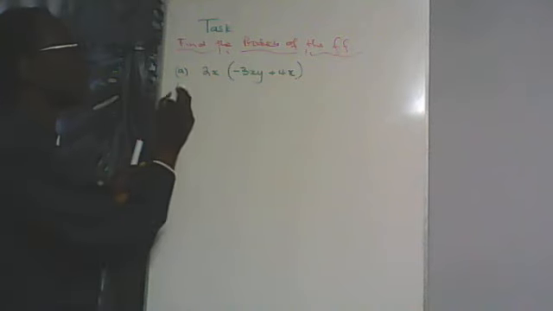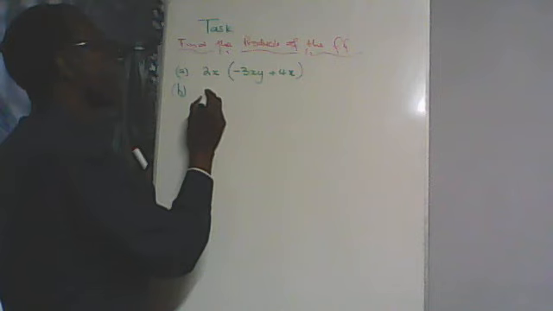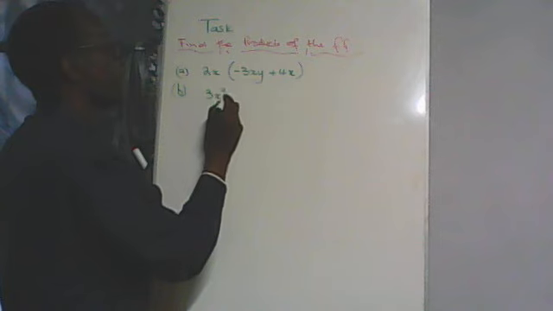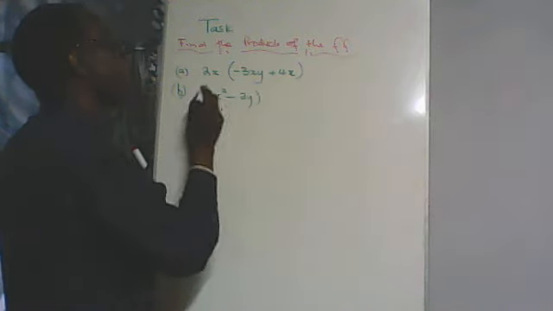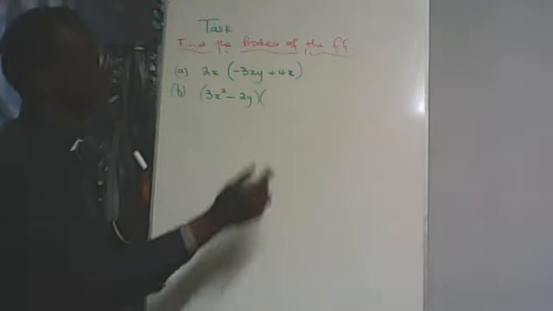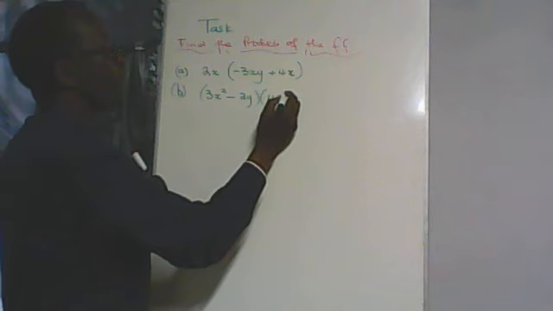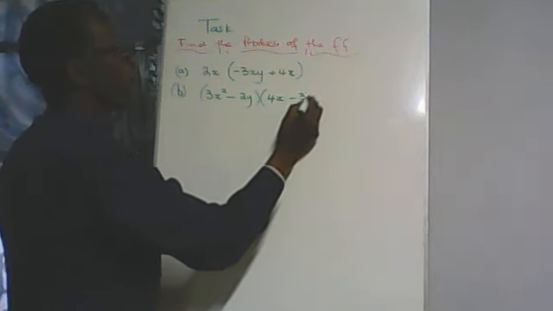And then the next step, we get a binomial, 3x squared minus 2y. Inside the brackets, we get another binomial. Let it be 4x minus 3y squared.